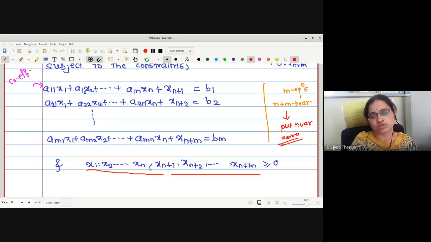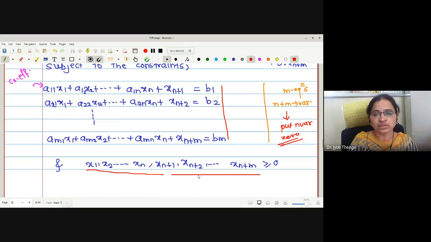Because in most situations of a linear programming problem, these variables are the number of workers, number of days, number of machines. Therefore, we cannot take negative values for these variables. Therefore, the solution which is acceptable is called a feasible solution, which is nothing but a solution satisfying the non-negativity restriction. Does everyone agree with me? A solution is a set of variables which satisfies these constraint equations. A feasible solution is a solution which satisfies the non-negativity restrictions.